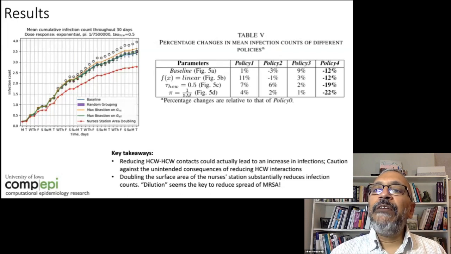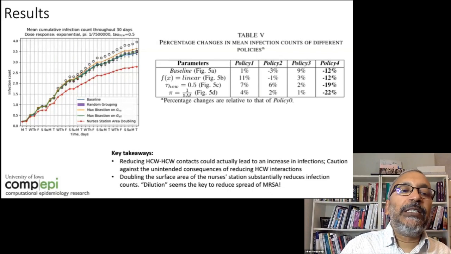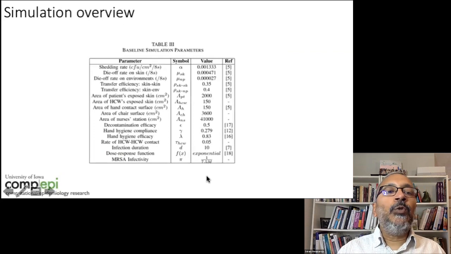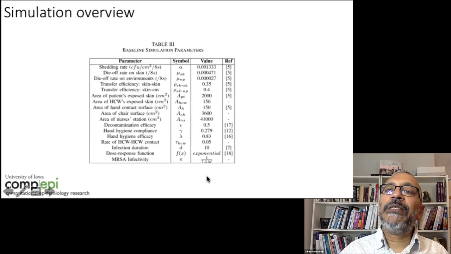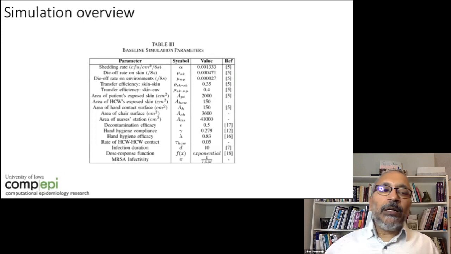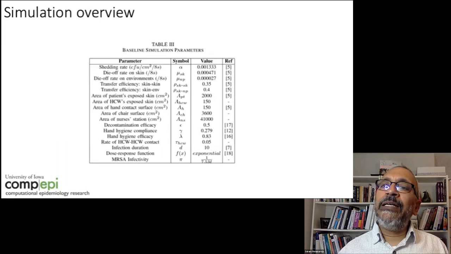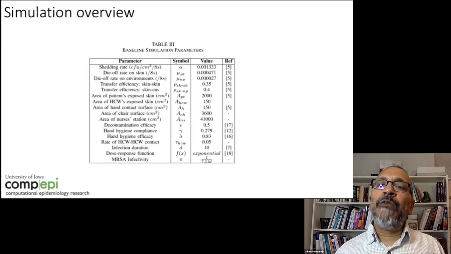If we change the transfer efficiencies, there are a number of parameters that we use. For example, here they were robust to different dose response functions, things like that. So there was quite a bit of robustness within this model. The question we are not quite sure about, and there's a bit of a disclaimer, is how valid the model itself is. We've extrapolated this model from fairly small scale studies.